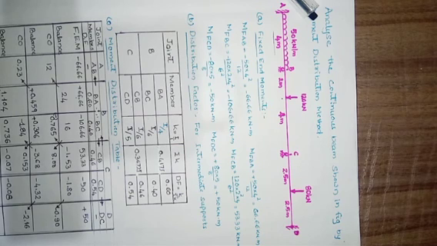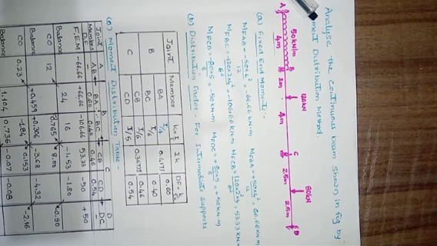Then there is a carryover from B to C, half of 0.736, that one is 0.368 kilonewton meter.